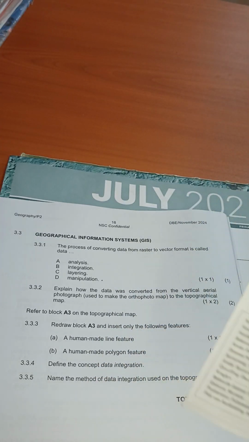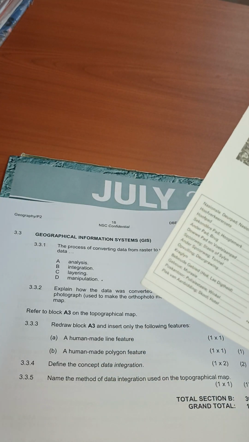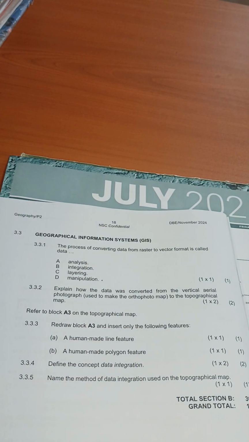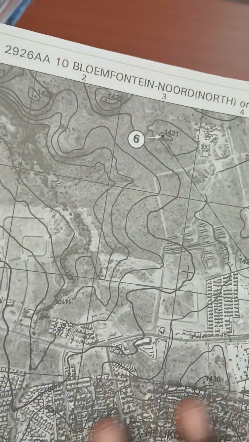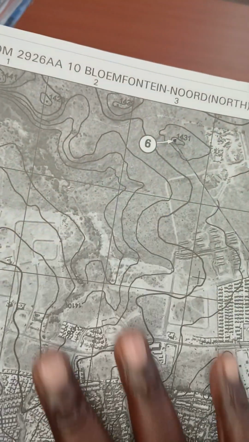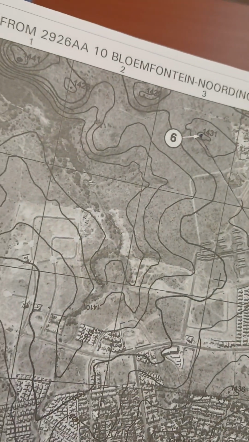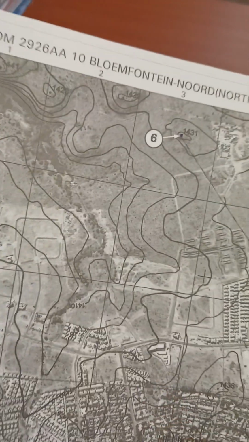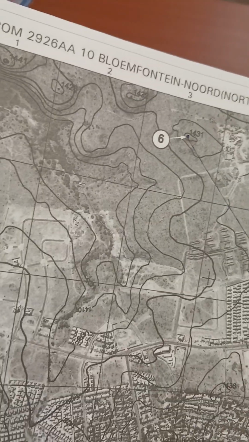So what we are saying is the data has been changed or transformed from images, because our aerial photograph is an image, is a photograph. So it was converted from images or raster data to symbols and vector data. Since it's a photograph, that's what we refer to as the raster data. So it was converted from this image, from the raster data, into symbols or vector data.